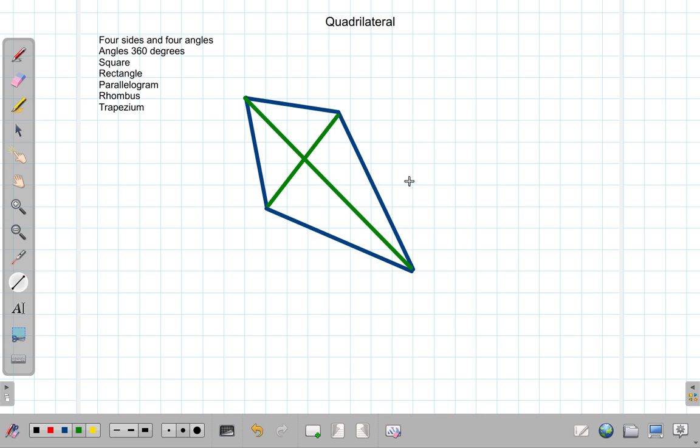So for example, diameter, it means across a circle, or your diaphragm is that tissue that goes across your chest. Dia means across, so we're going from one corner to the next across the quadrilateral, and we have 2 of them. But the thing is, we have 2 triangles here.